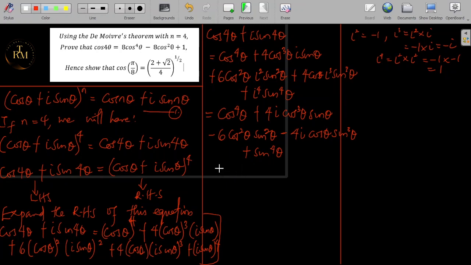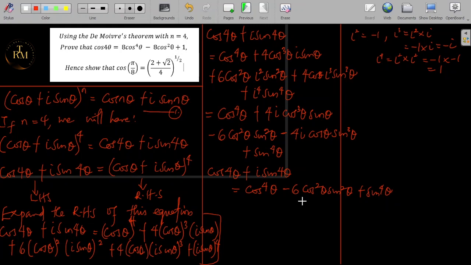So at the end of the day, I'm going to collect the i's together and the ones without i together. So I'm going to have cos 4θ plus i sine 4θ equal to cos 4θ minus 6 cos squared theta sine squared theta, then I think plus sine 4θ, right?